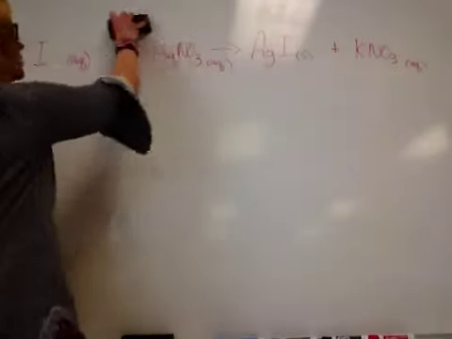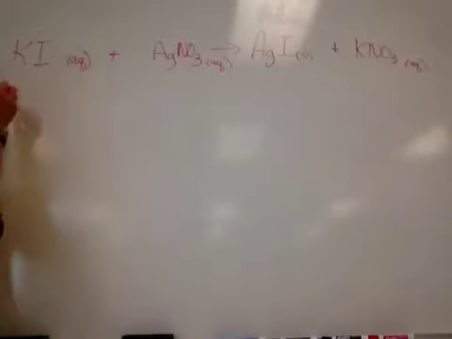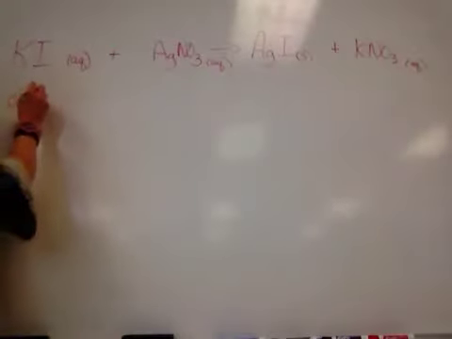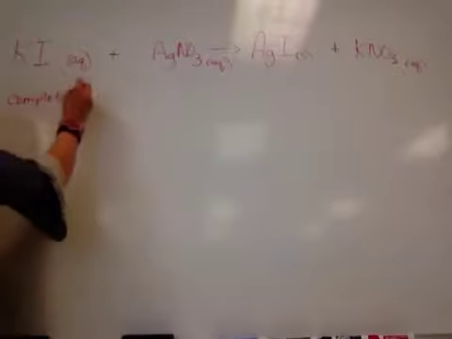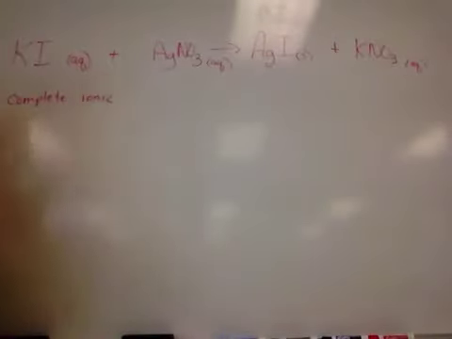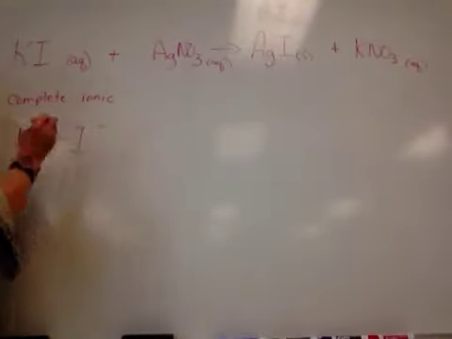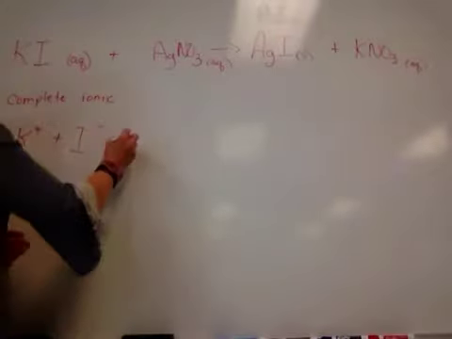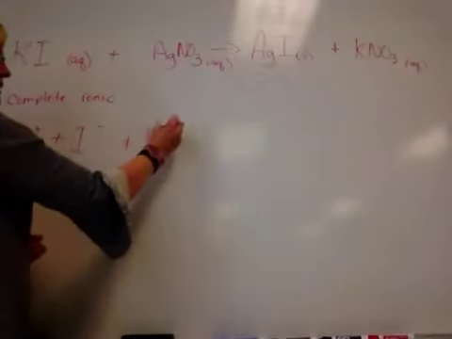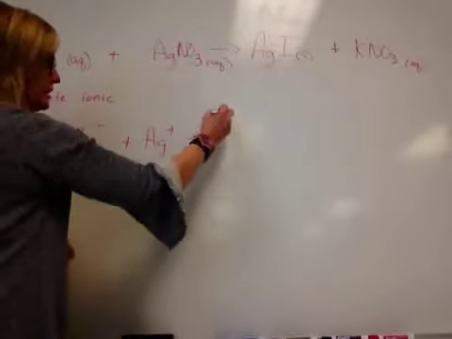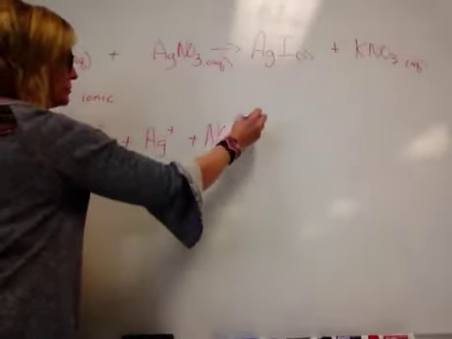So, step 2, it's asking for a complete ionic equation. What did we say happens to stuff in solution? It breaks up. It dissociates. So now I am going to have potassium ions and iodine ions. I am going to have a silver ion and a nitrate ion.